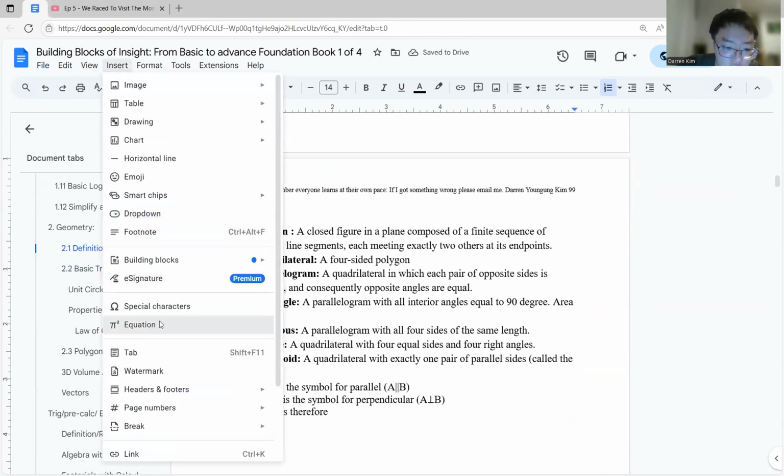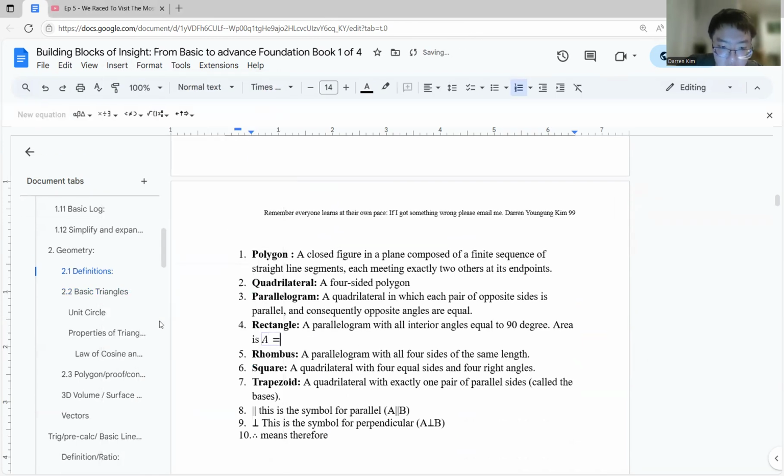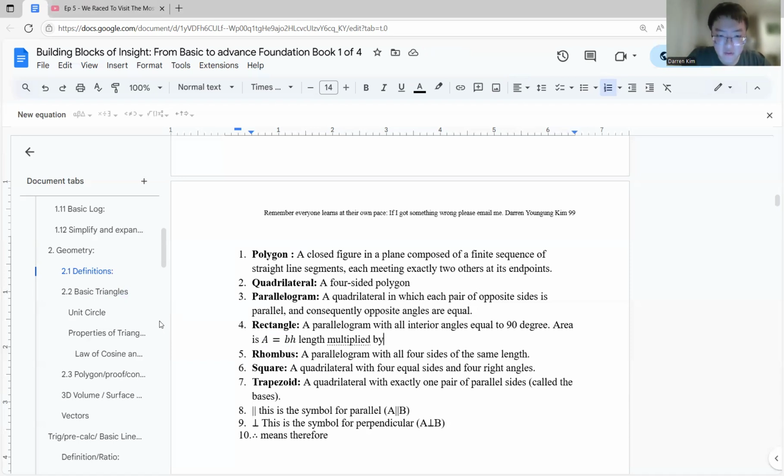New equation: A equals BH. Length. Because I don't think I ever explained that, did I? Yeah, I don't think so. So we're doing it right now. Oh, my tablet slipped. Anyway, length multiplied by width.